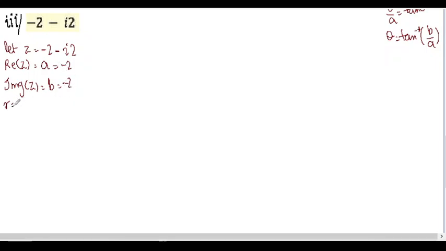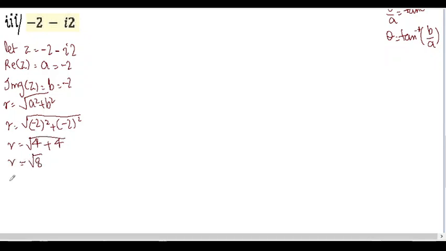Now finding the value of r, we get r equals square root of a squared plus b squared. R equals square root of a, which is minus 2 squared, plus b, which is also minus 2 squared. So r equals square root of 4 plus 4, so we get r equals square root of 8, which equals 2 square root of 2.